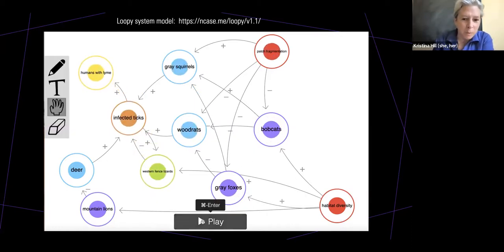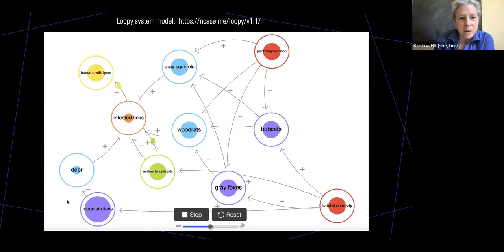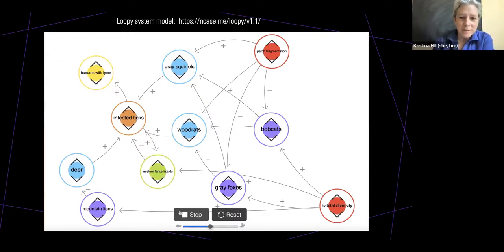This is a very simple modeling tool, not very complex at all, but it lets us represent things like the size of the mountain lion population. And when the mountain lion population is increased, you see there can still be an increase in humans with Lyme or infected ticks, but it's a smaller increase.